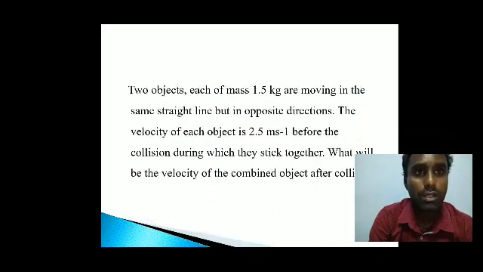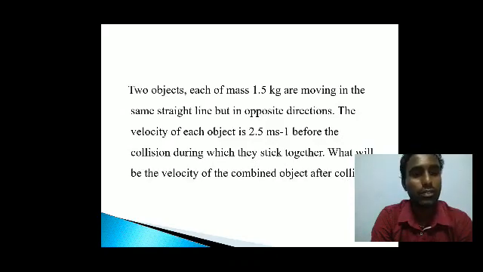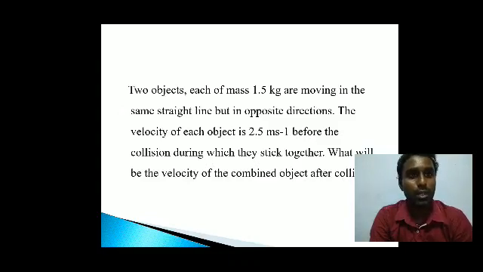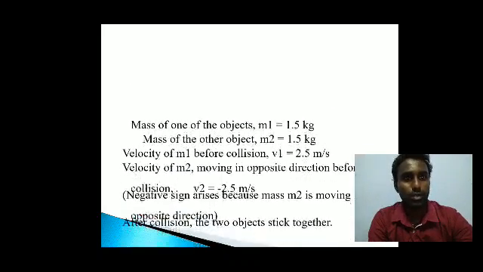The next one: two objects, each of mass 1.5 kg, are moving in the same straight line but in opposite directions. The velocity of each object is 2.5 meter per second before the collision, during which they stick together. So what will be the velocity of the combined object after collision? Same way, this problem you can work out.